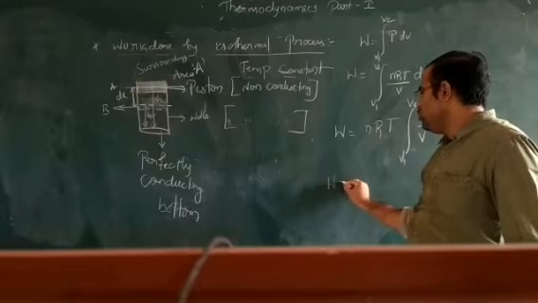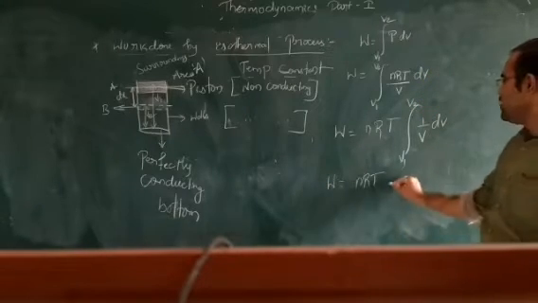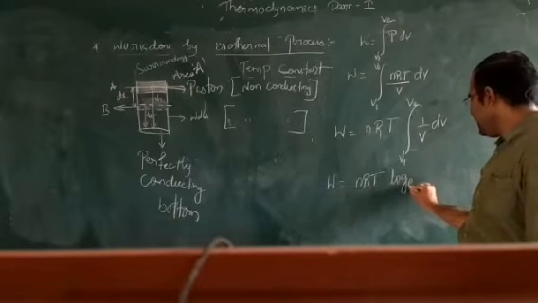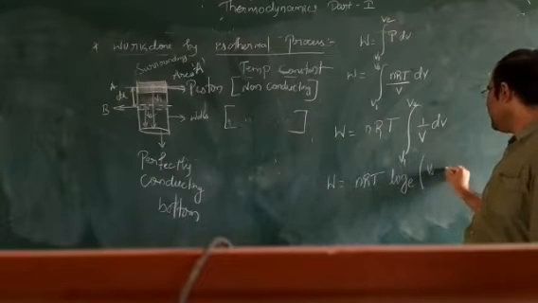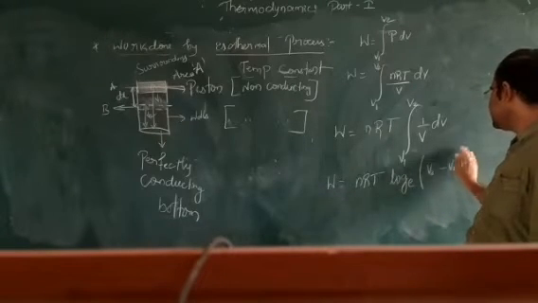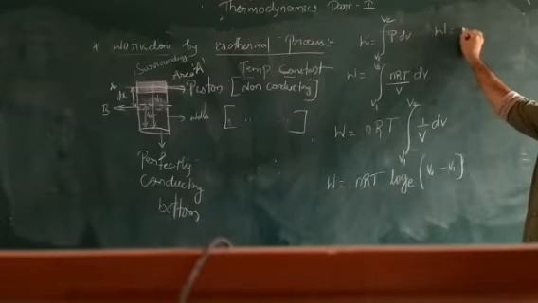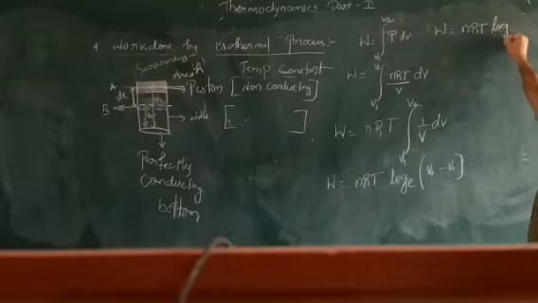So w is equal to nRT. The integral of 1 divided by v is log to the base e, with limits v2 minus v1. So w is equal to nRT log to the base e of v2 divided by v1.